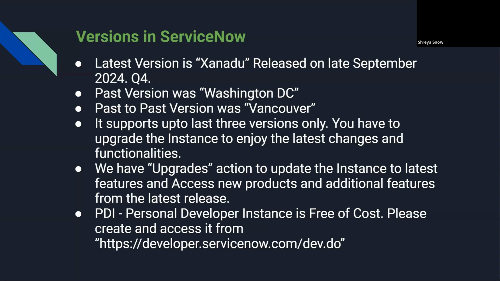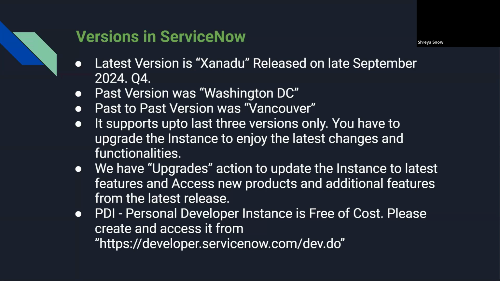Okay, coming to this, we have an upgrades action. What is this upgrade? Like how you can upgrade your instance. Suppose I'm working for 6 years in ServiceNow. The technology was rapidly growing, and the UI interface or the concepts keep on changing. Okay, so usually this upgrade is nothing but upgrading along with the version, as well as upgrading the system itself.